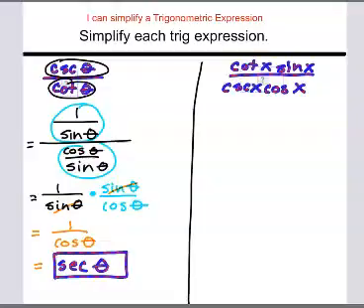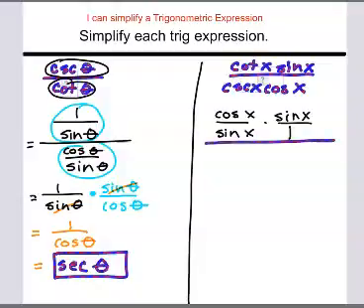All right, one last one. So cotangent is cos over sin. Sin is just sin. I'm going to put it over 1 just so we can see a little bit better what goes on top, what goes on the bottom. Secant is 1 over sine.